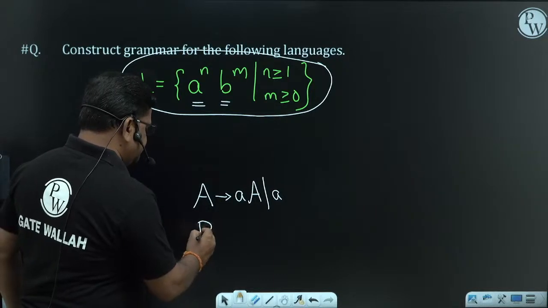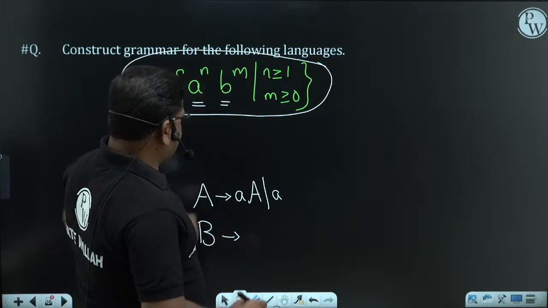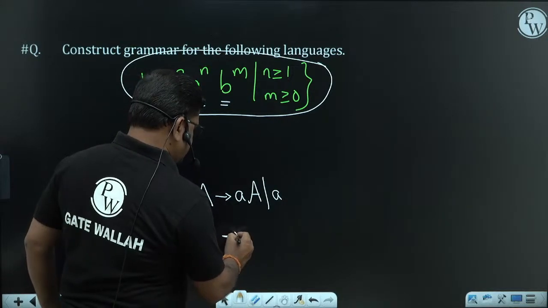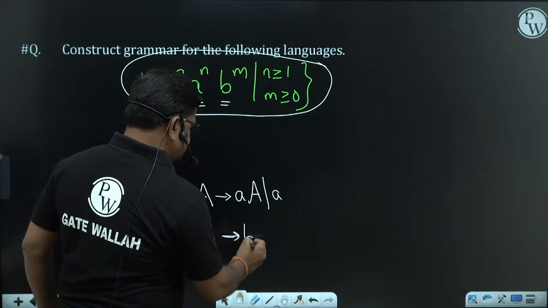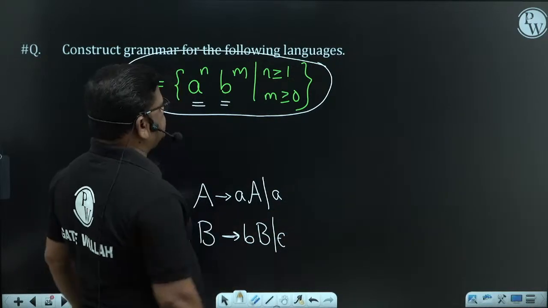Similarly, B is recursively, that is recursion on B, starting from 0 times, epsilon.